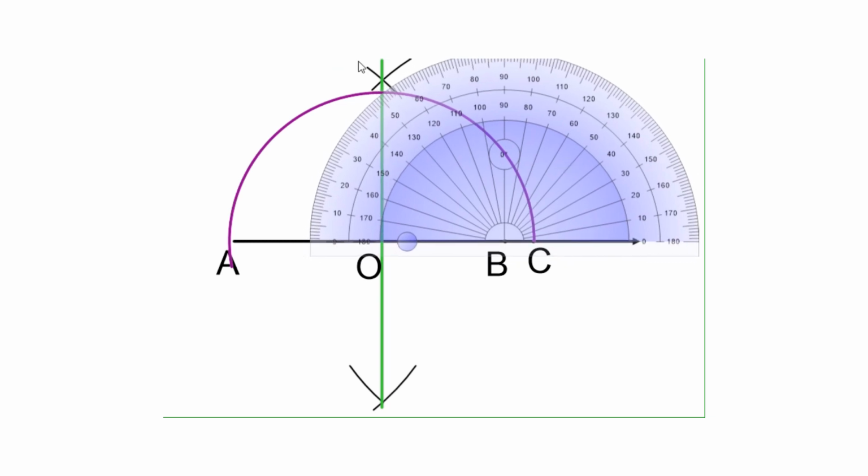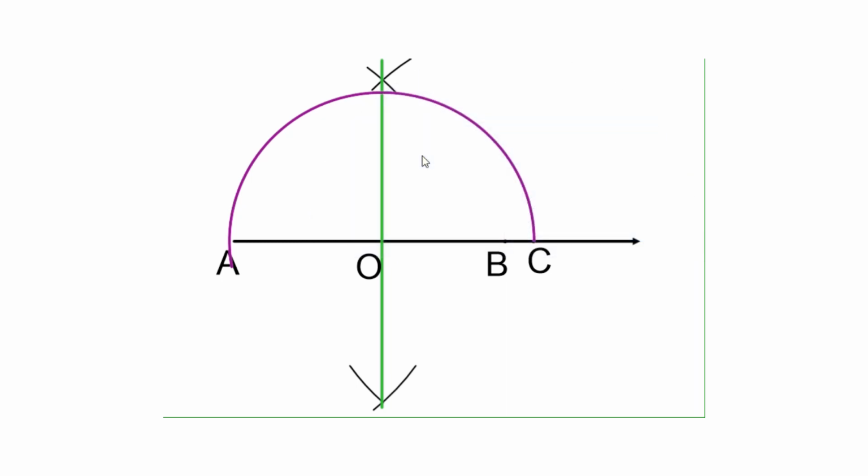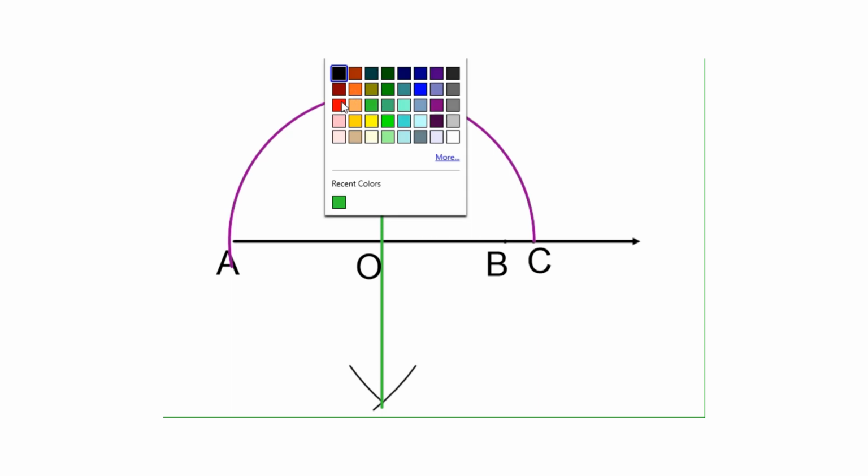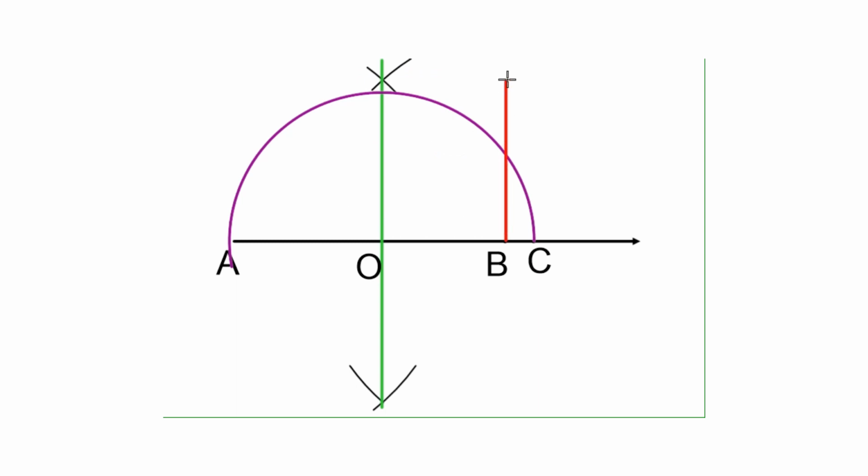You have to mark 90 degrees, and that 90 degree mark you have to join now with B. So we will join using a line. Consider that line can be red also, no problem. So here we have drawn this perpendicular at B.